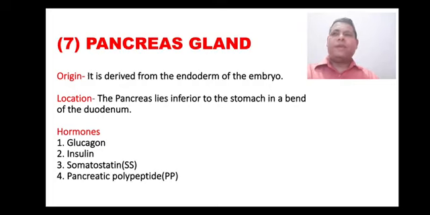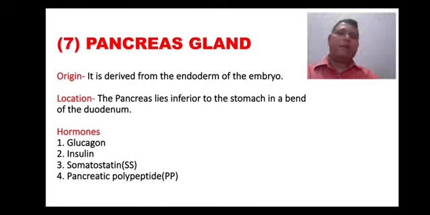Number 3, delta cells or D cells, about 5%, produce somatostatin (SS). Number 4, pancreatic polypeptide cells or PP cells or F cells, about 15%, produce pancreatic polypeptide (PP).